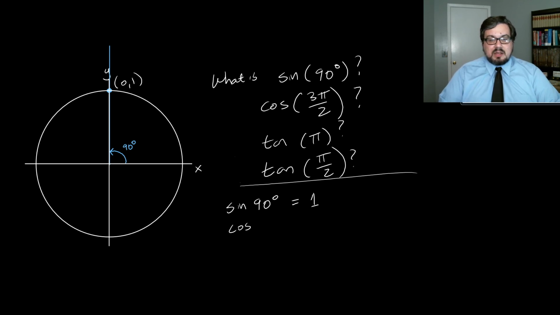Similarly, we can look at cosine of 3 pi over 2. Now remember, pi over 2 radians is 1/4 of the way around the circle. Pi over 2 radians is the same as 90 degrees. So 3 pi over 2 goes pi over 2, 2 pi over 2, 3 pi over 2. Here's 3 pi over 2 radians, and so the angle 3 pi over 2 radians goes straight down.